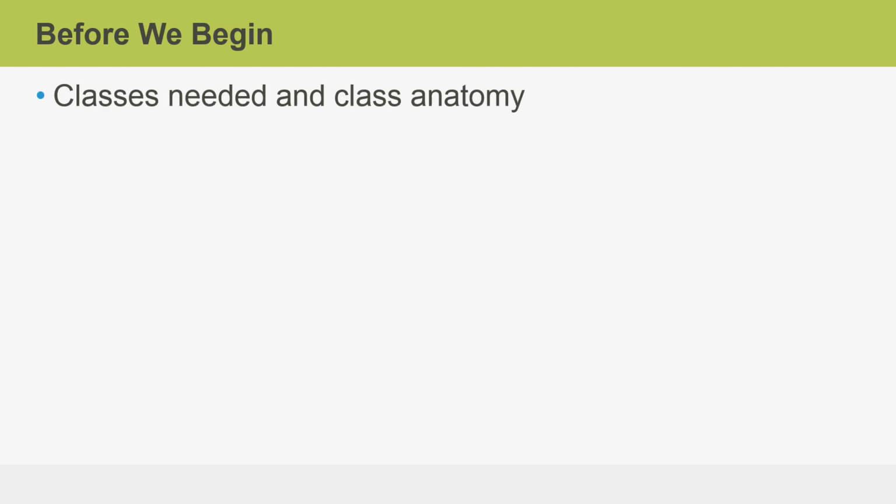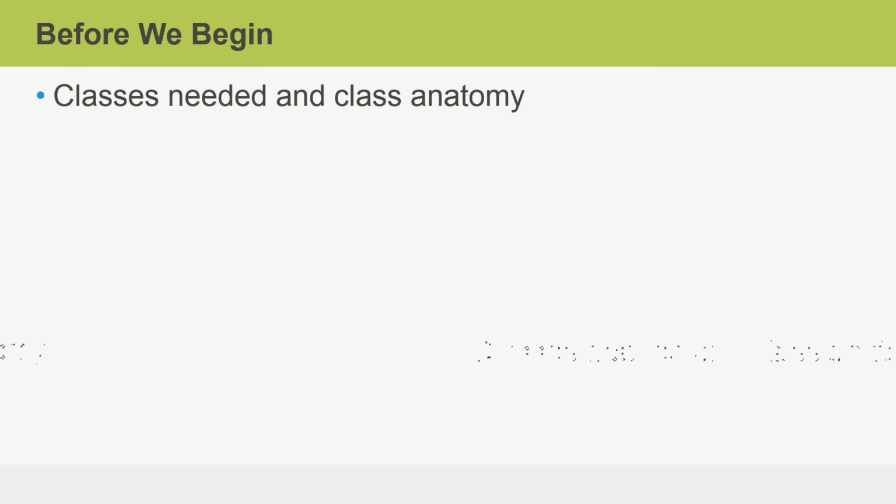But before we get started coding anything, because I'm not really someone who plans very well, I'm kind of enforcing this on myself and forcing myself to do this. I'm going to plan out the classes needed and the class anatomy.